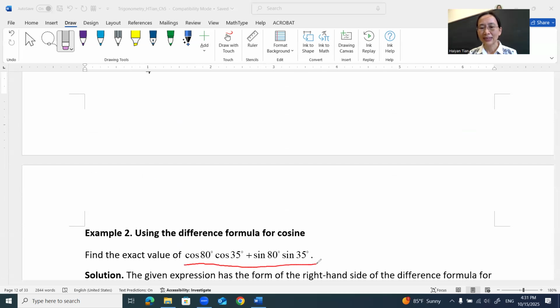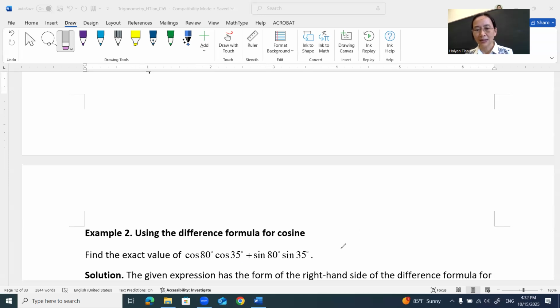Let's look at another problem. In this problem, we notice the plus sign, the sum of the product of cosine and the product of sine. That makes us think of the formula we just learned, right?